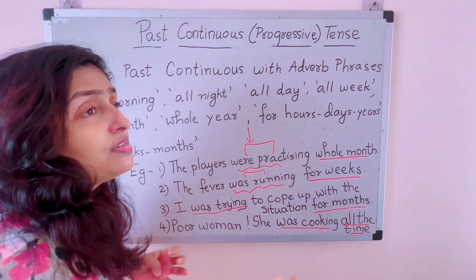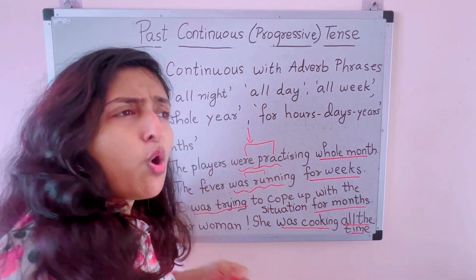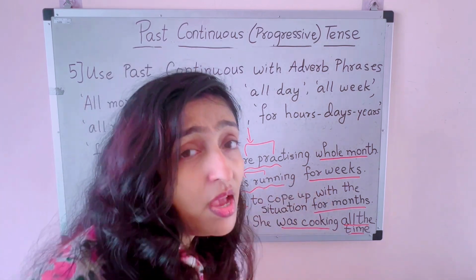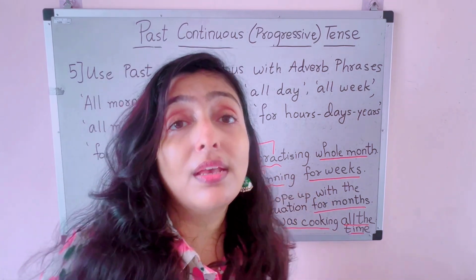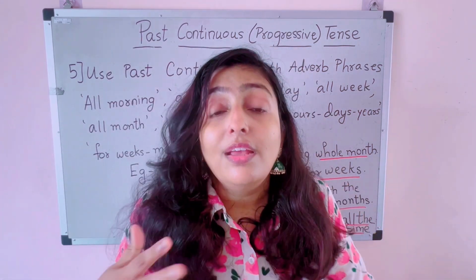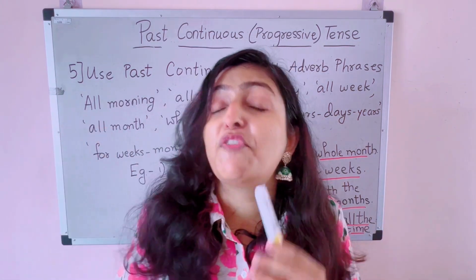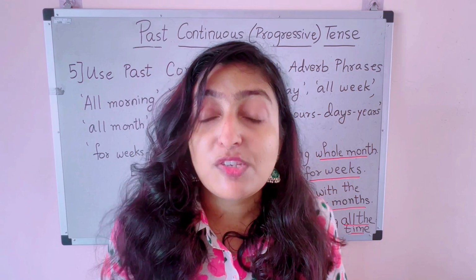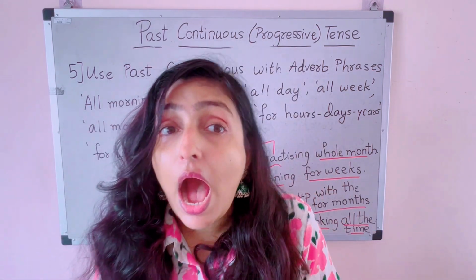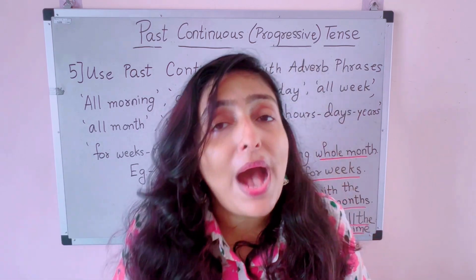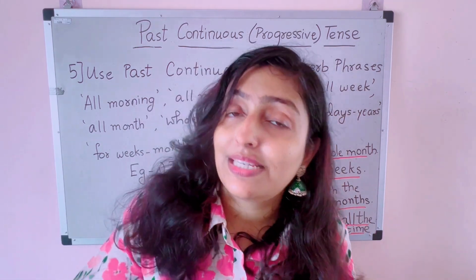Whenever I visited my neighbor, I saw her cooking all the day and night, the whole time. Poor woman, she was cooking. So she was doing a very painstaking task of cooking for her family all the time. So if I have to show how painstaking her task is, then I have to use past continuous tense.